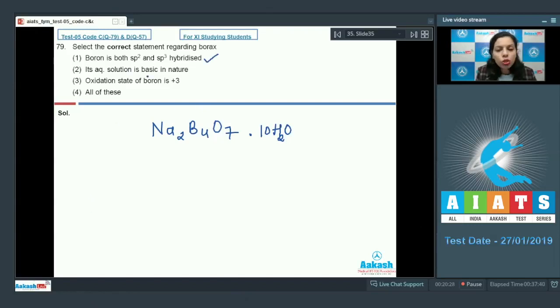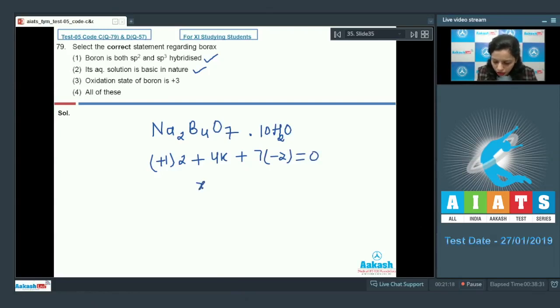Further, its aqueous solution is basic in nature. When you form the aqueous solution of borax, you obtain a basic solution because boric acid as well as NaOH is formed in the solution. That's why it's basic in nature. It is also correct. Oxidation state of boron is +3. If you calculate the oxidation state of boron in borax, it would be +1 into 2 plus 4x plus 7 into minus 2, which should be 0.